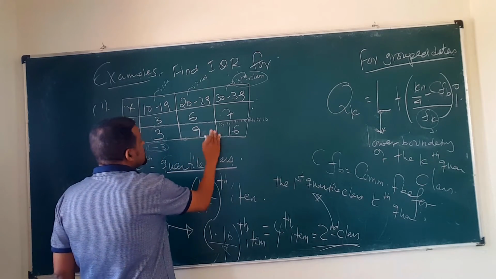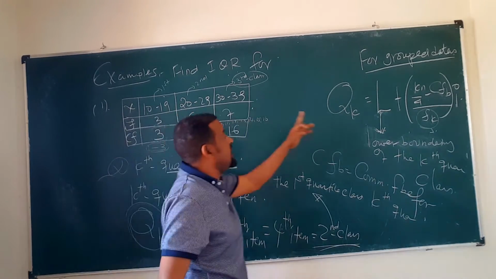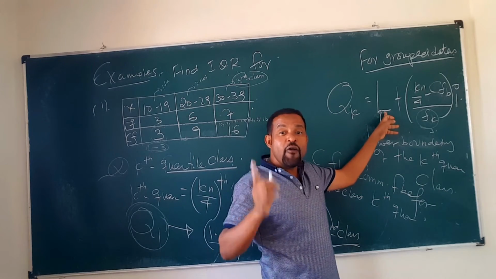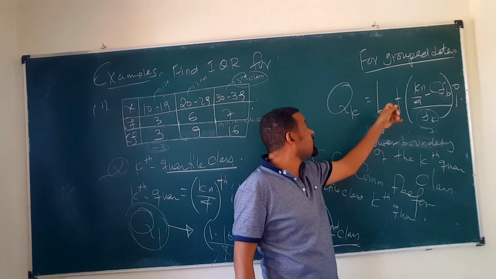So አሁን second class ጋር እንሂድና ተመልከቱ. ወደዚህ ጋር በደንብ አዳምጡ. ያው አሁን second class ከምን ያስፈልገናል? The lower boundary of the quartile class.